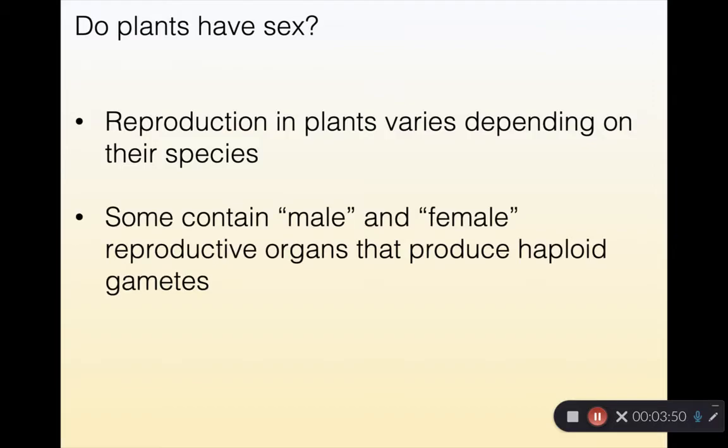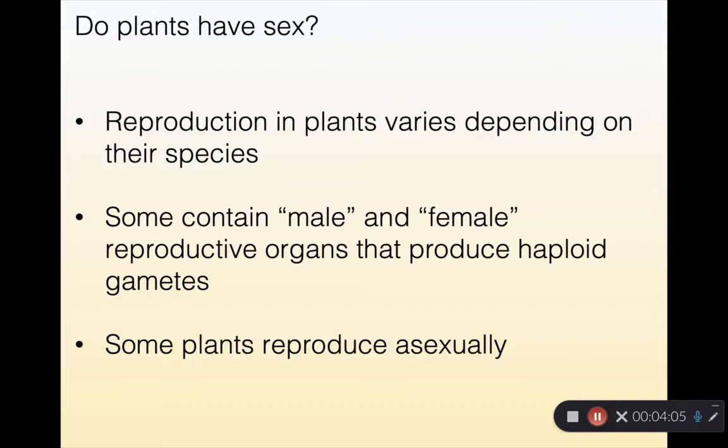Some of these plants are going to contain male and female reproductive organs that produce haploid gametes, and when they meet, they create fertilization. But there is also asexual reproduction in plants. So do plants have sex is actually a complex question. There are some plants that reproduce sexually, some that reproduce asexually, and some that do both. So we've got a broad range of reproduction happening in plants.